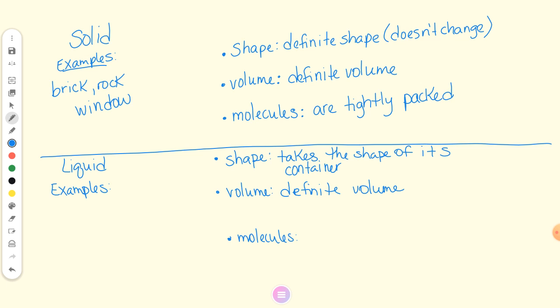Molecules. Brady? Glide past each other? Yeah, so they glide or slide. I'm going to put both glide/slide past each other. Okay, and where solid molecules are very tightly packed and they just kind of vibrate in place, these ones do have a little room to move.